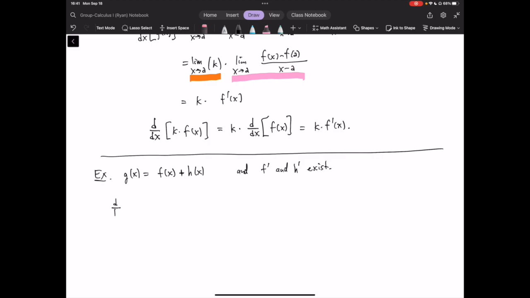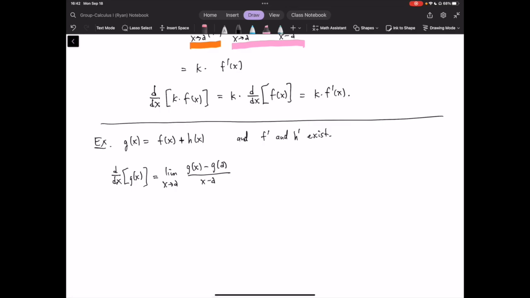So our derivative with respect to x of g of x, this is equal to the limit as x approaches a of g of x minus g of a all over x minus a. And then once again, we can plug in exactly what g of x and g of a mean, right? So I can write that up here.